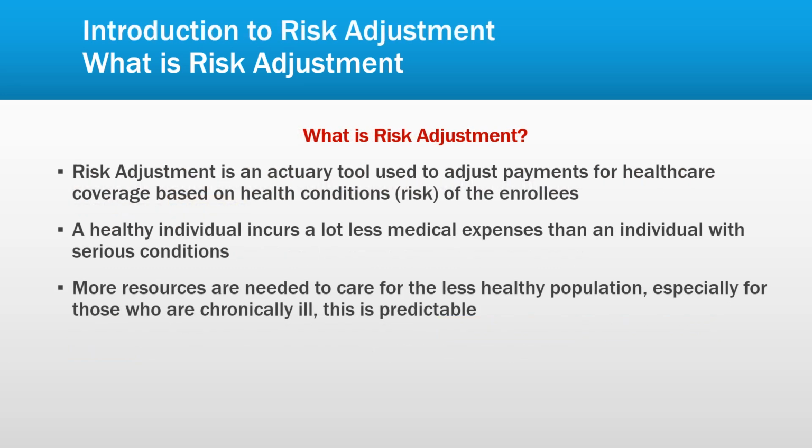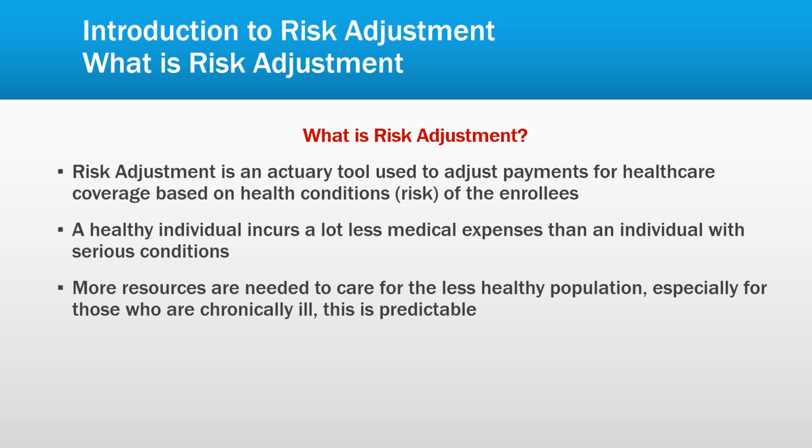So just to repeat, risk adjustment is an actuarial tool used to adjust payments for healthcare coverage based on health conditions or the risk of the enrollees. Remember the person with the chronic pain, the chronic back condition, chronic heart condition, diabetes, they're going to be more costly than the average healthy person. So their risk increases.